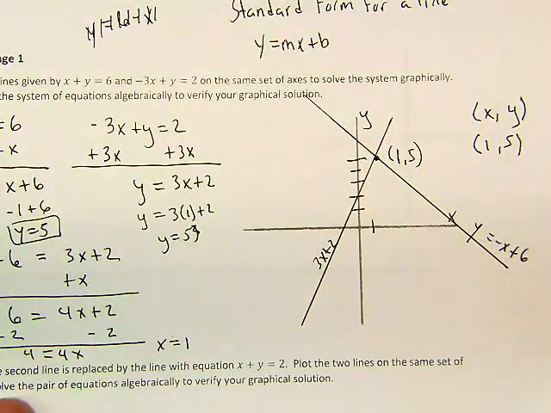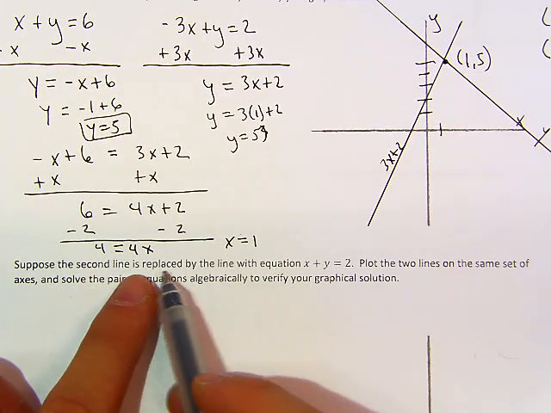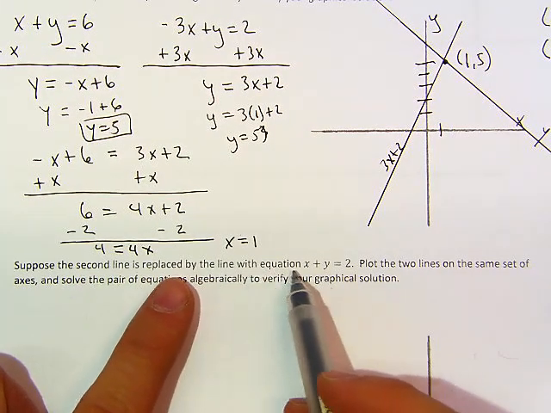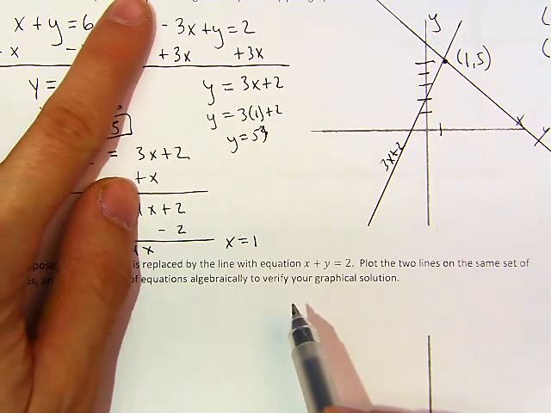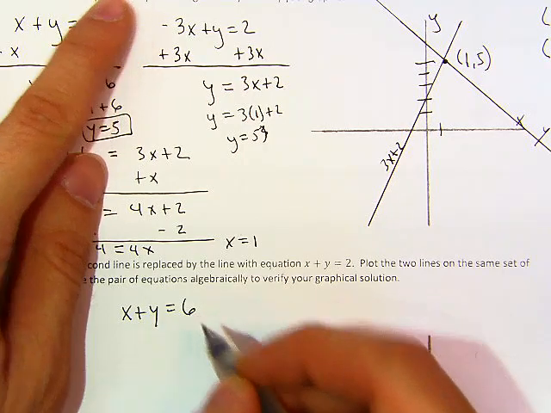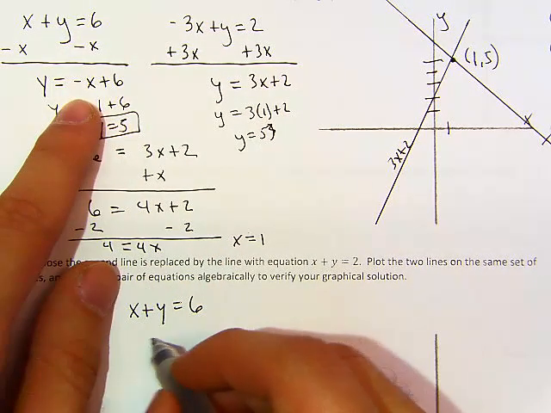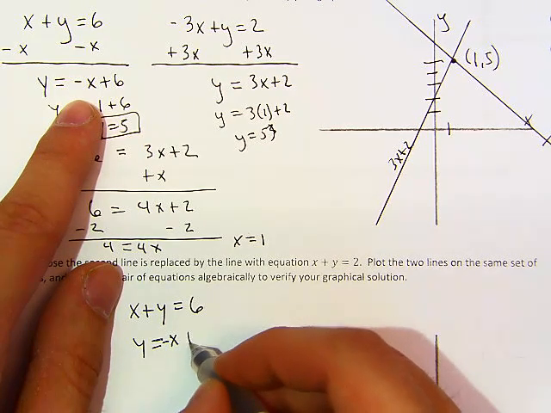So the next question is telling you to do is, suppose the second line is replaced by the line with the equation x plus y equals 2. So here it says sketch the lines given by x plus y equals 6, but remember, this is equal to y is equal to negative x plus 6.